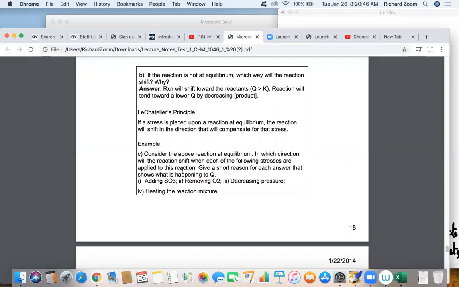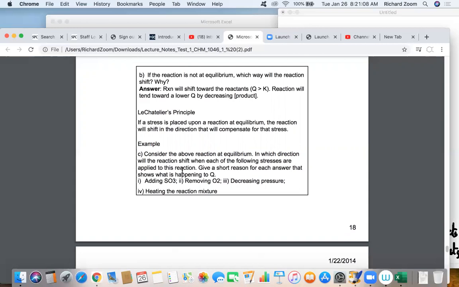Now, what Le Chatelier's principle tells us is that if a reaction is at equilibrium and we put some kind of stress on it, then the reaction is going to take measures to compensate for that stress. And it will compensate for that stress in very predictable manners.